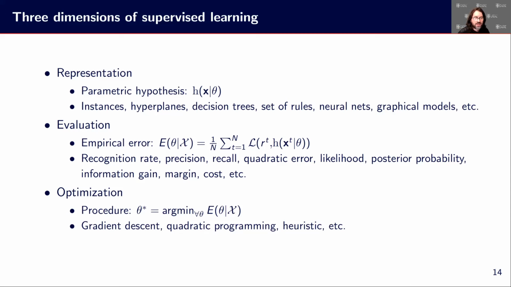The optimization is basically to find the optimal theta, the theta star, that is minimizing the empirical error, for example, over all possible parameterizations. So here we have our criterion for optimizing. We want to find the theta that is minimizing the error on the training set. This is theta star, and we can use things like gradient descent, quadratic programming, heuristics for figuring out what is the theta star to use here.